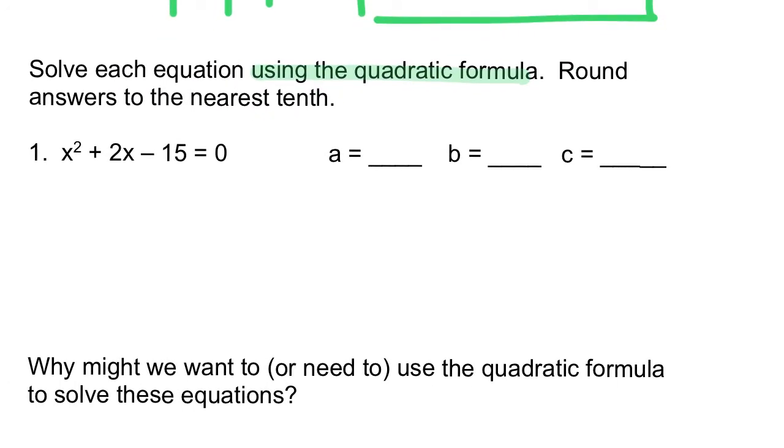First of all, make sure it's in the proper form and that it's equal to 0. And it is, so now we're looking at the a. The a is the coefficient in front of x squared, which is 1. The b is 2. And c is negative 15.